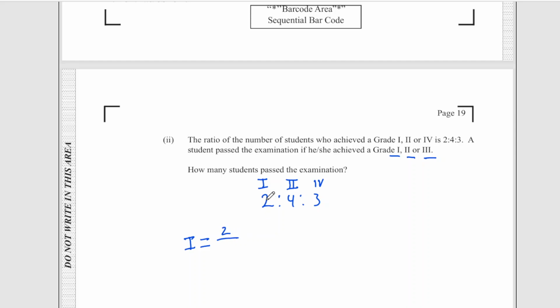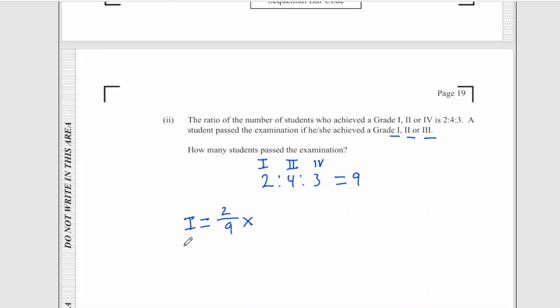There's 2 parts out of the total. The total parts is 4, 5, 7, 8, 9 parts, right? So grade 1 is 2/9 multiplied by something. Grade 2 will be 4/9, 4 out of the 9 multiplied by something. And grade 4 is 3 out of the 9 multiplied by something.